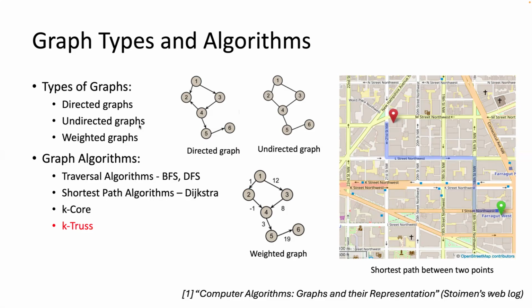When we enter our destination, it calculates the shortest distance between our current position and the destination. That's an example of the shortest path algorithm. Then we have the K-core and the K-truss. The core of my research is on K-truss, and I'll be talking more on K-truss very soon.